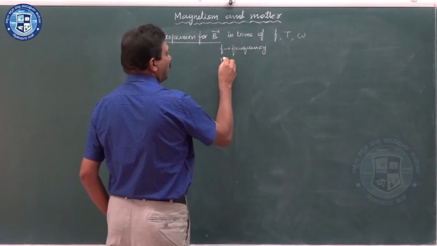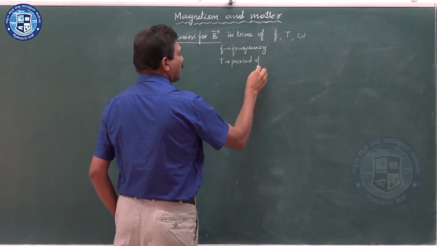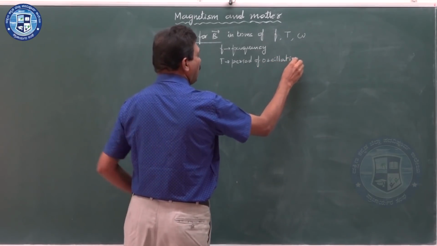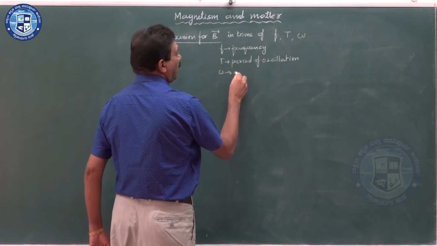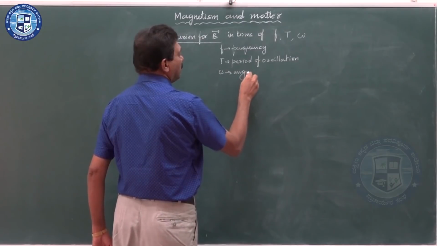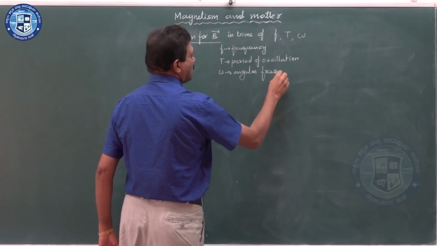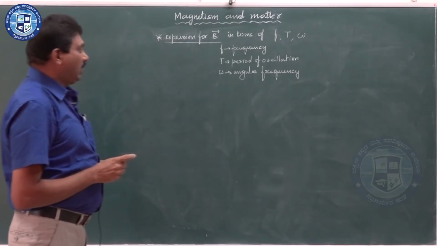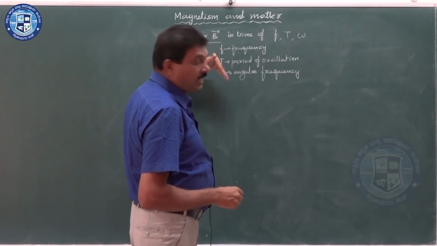What is T? Period of oscillation. And omega is the angular frequency. So, we are relating this magnetic field with these three physical quantities.